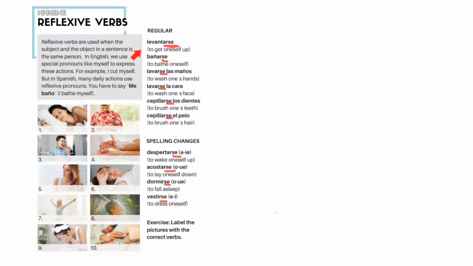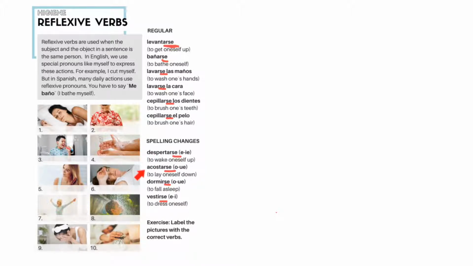These ones are going to conjugate like regular verbs. They're all AR. And then the ones below are going to have slight spelling changes. So despertarse, when you conjugate it, you're going to take the E and you're going to add an I in front of it. The E becomes an IE. And I'll show you an example of that.